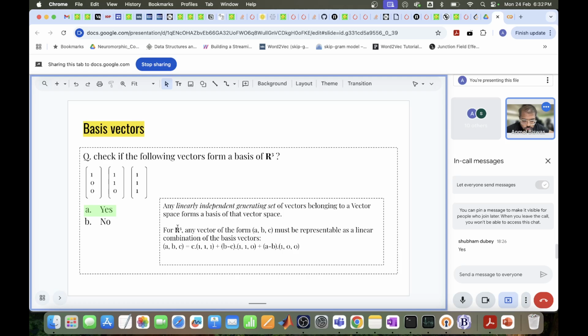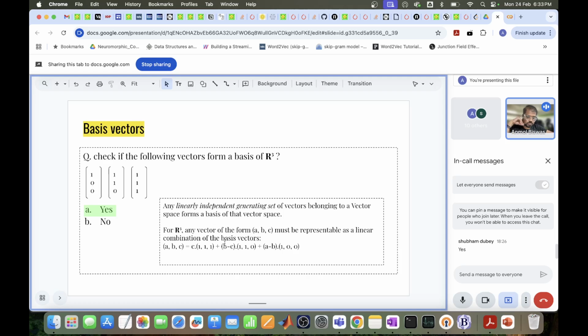So for example, if you consider any random vector in R3 that you write as A, B, C, where A, B, and C are all real numbers, then for this set to be a basis set, any vector that can be written as ABC must be representable as a linear combination of the basis vectors.